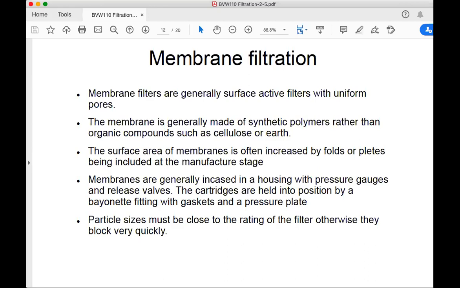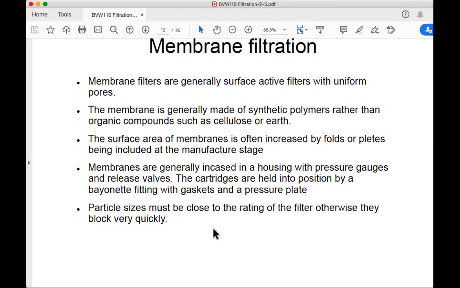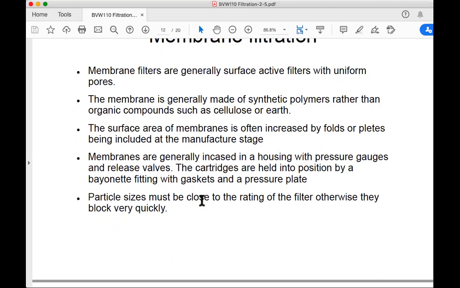these are manufactured in a more complex fashion where we have more uniform pores, and that uniformity in pore size gives us a more guaranteed result.